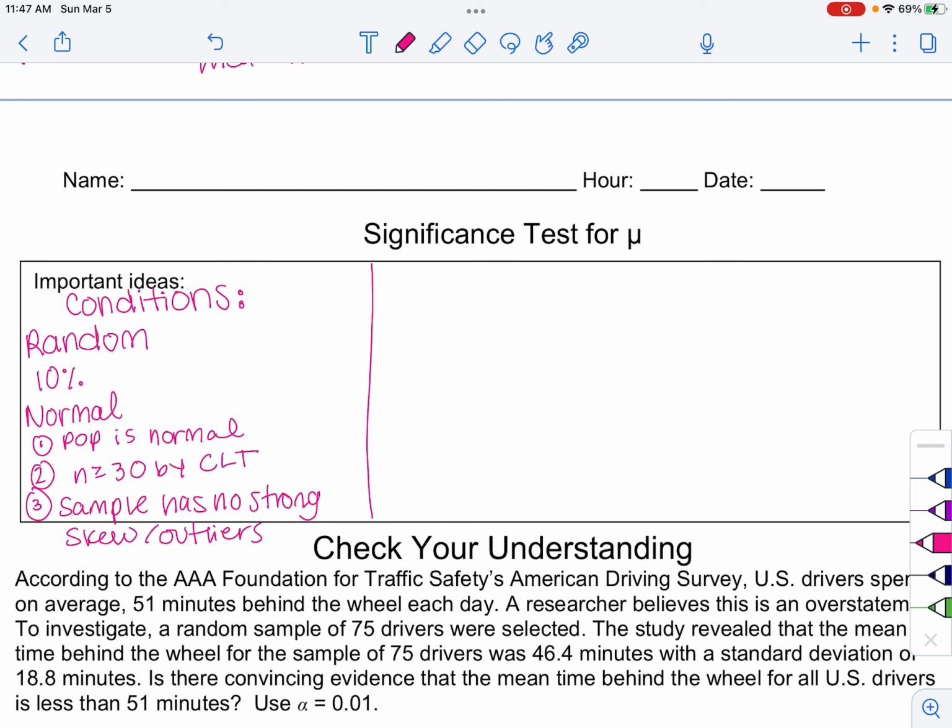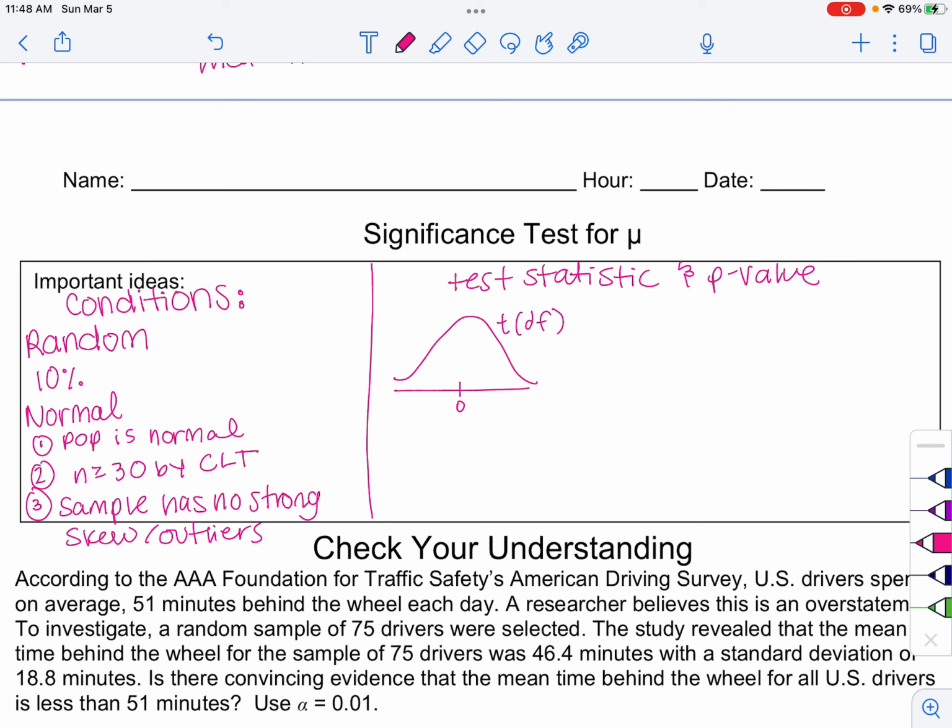All right, and then now we have our new test statistic. And we're using it to find the p-value. So we still have to draw our picture. This time this picture is a t distribution, which we are going to label t and the degrees of freedom. We still are going to put our mu in the center, or you can put 0 in the center if you make it the standardized curve.